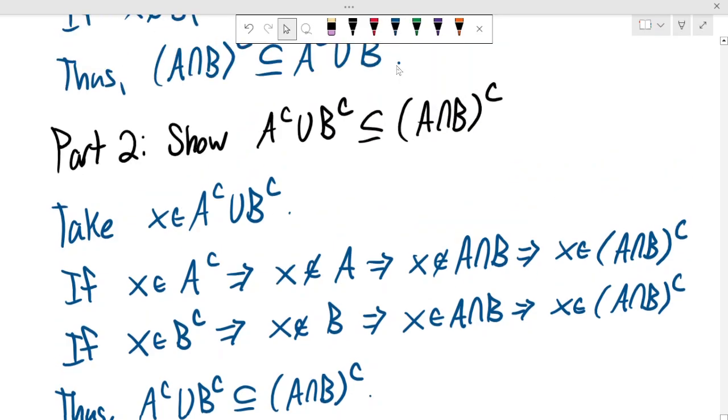Which I know is cut off here. So take an X in here and assume that it's not in the intersection complement, and then show that that leads to a contradiction. So that might be another way to try doing this one, but it's very similar to the logic we just used for this one.